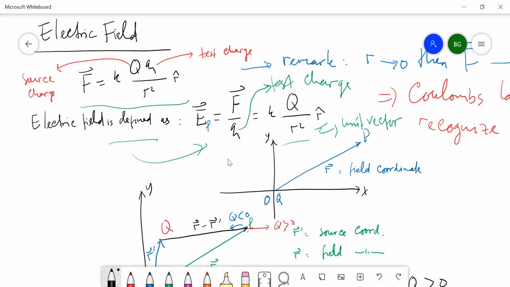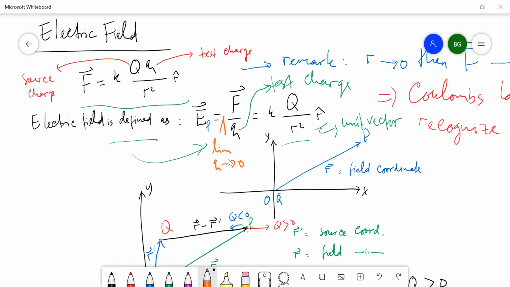If we take the limit where q goes to 0, we get this electric field formula.